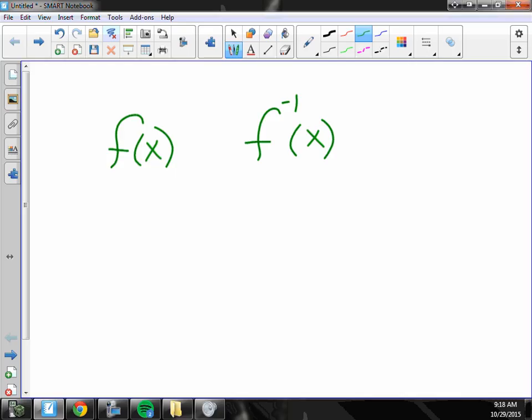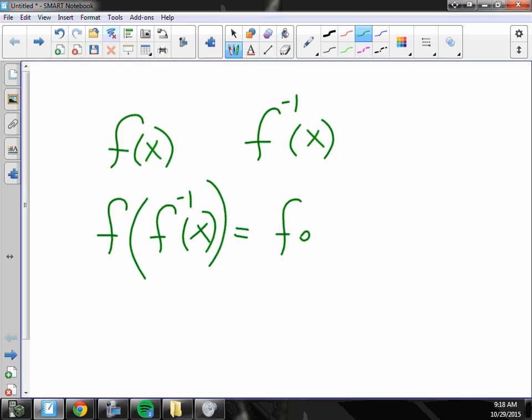As far as addition is concerned, 0 is nothing. That is the identity. So if I take f of f inverse of x, if I plug one function into the other, I should get the identity function.